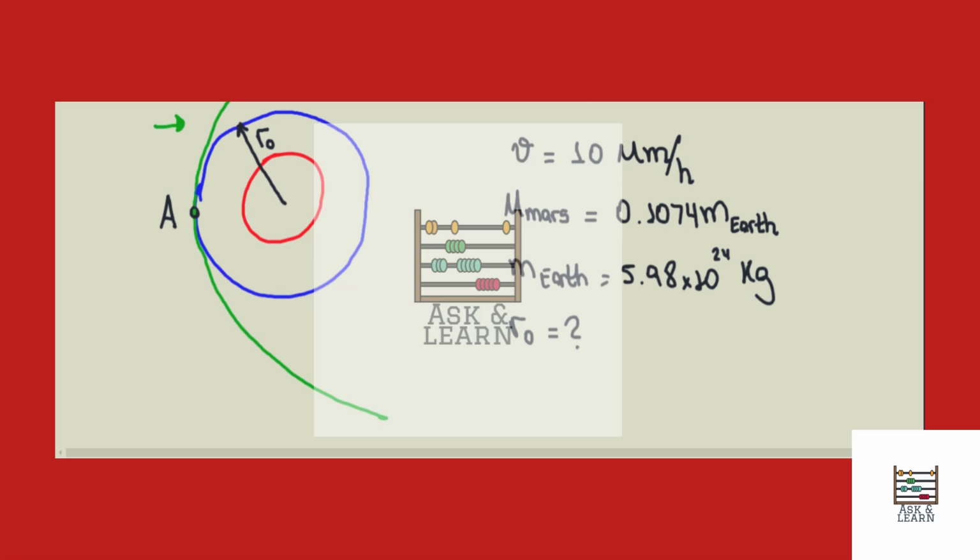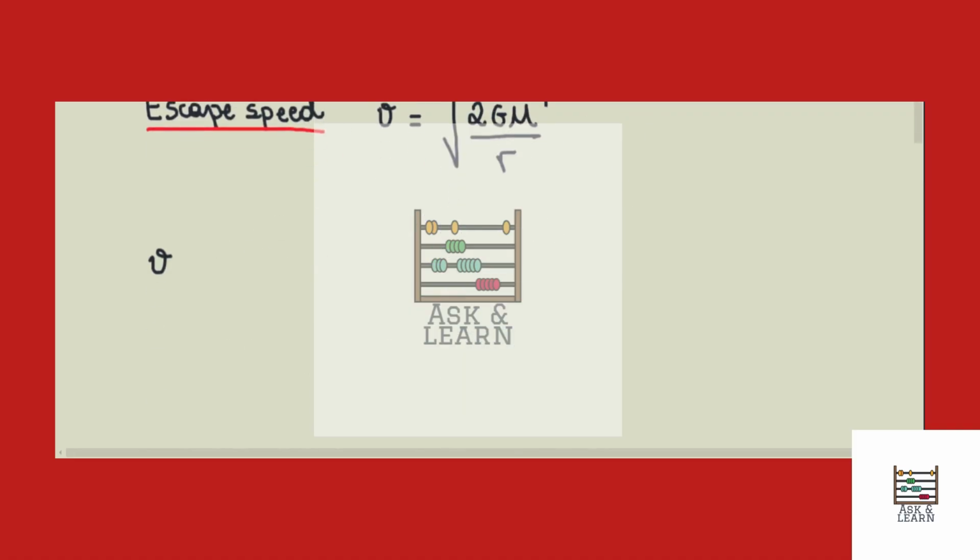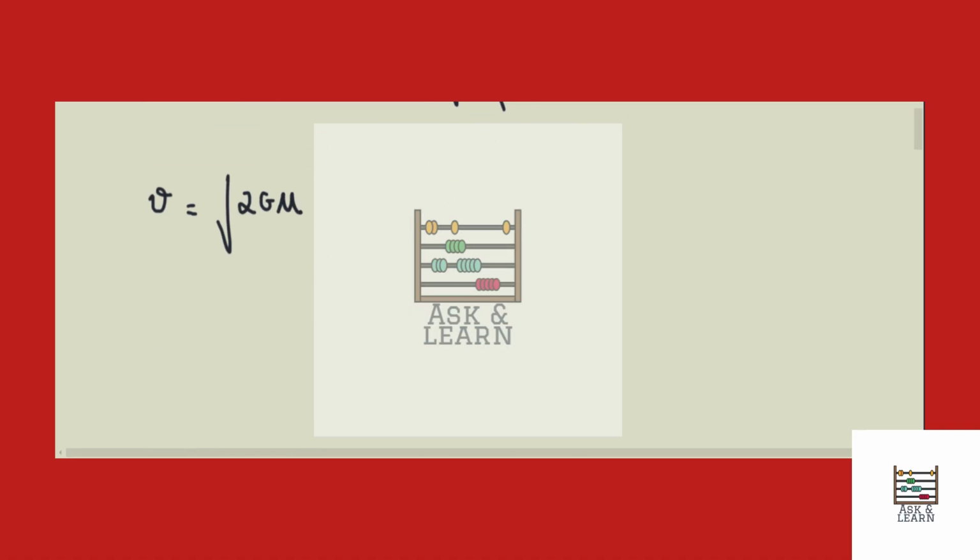So this means that the speed that the explorer has at this point is the escape speed of Mars at the distance R0.